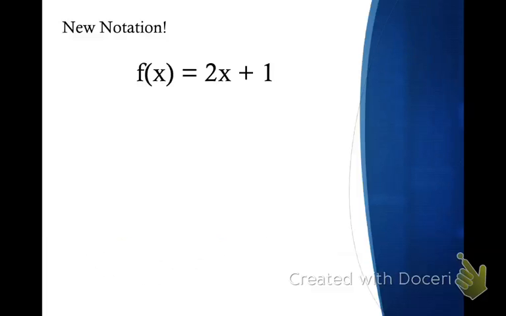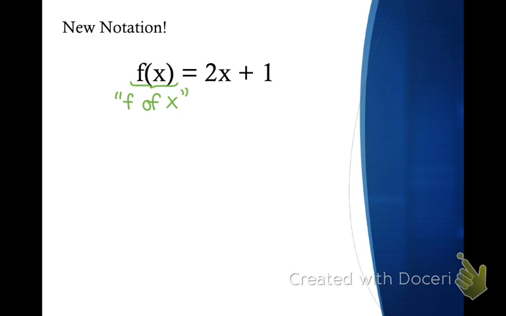and that's this f parentheses x. Now what that means, this is not f times x. Okay, we don't solve for that x. We don't get that x by itself. Nothing like that. This means f of x. That's how you would read this out loud. F of x. Okay?